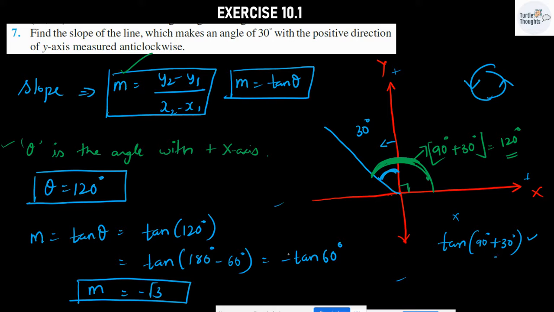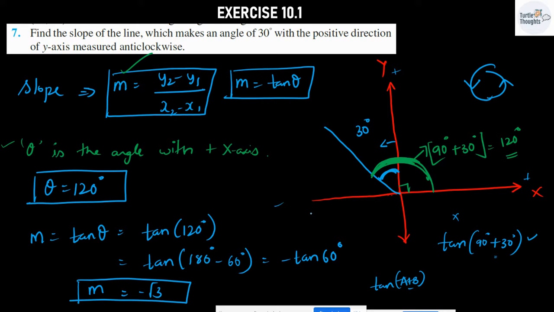So that is the reason why I'm using tan of 180 minus 60 degrees. There is one more way to do it, but for that you will need a formula, tan of a plus b or tan a minus b.